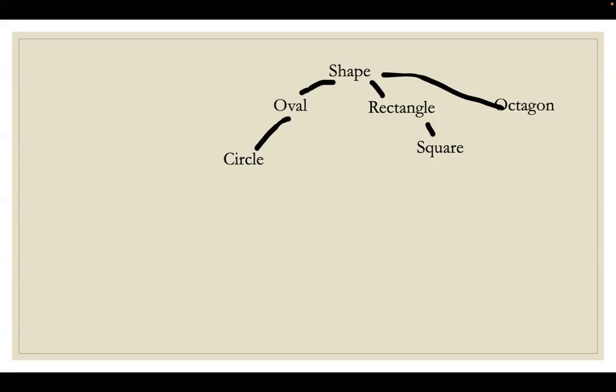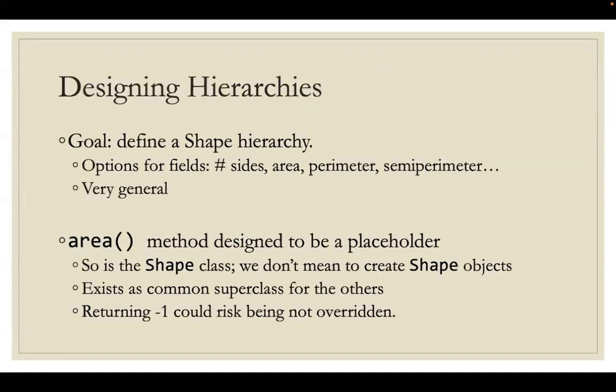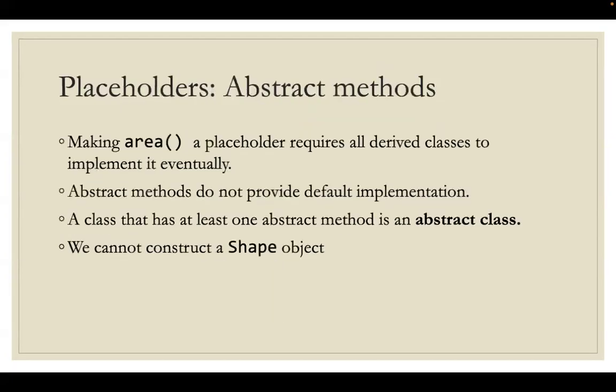Shape has abstract methods that every shape must implement, and those are area and perimeter. Having an abstract class lets us have this placeholder class that can tie everything together. Similarly in the lab, we've got employee, the placeholder class, and from there we get salary employee and then on to temporary and staff.